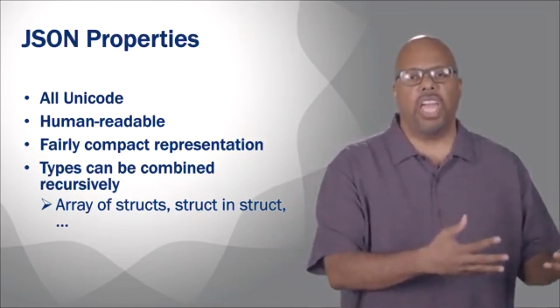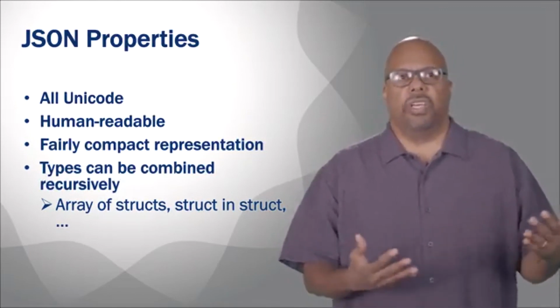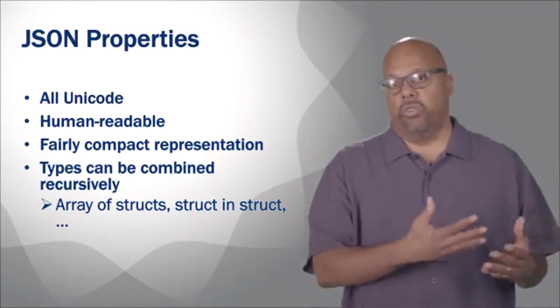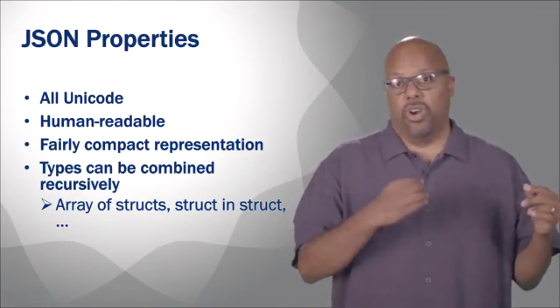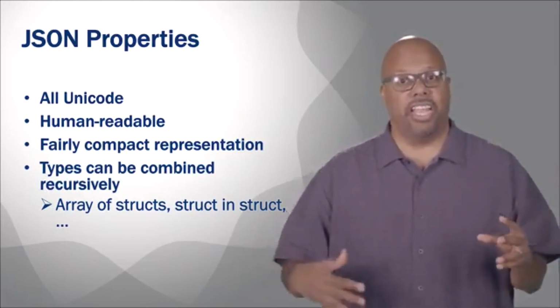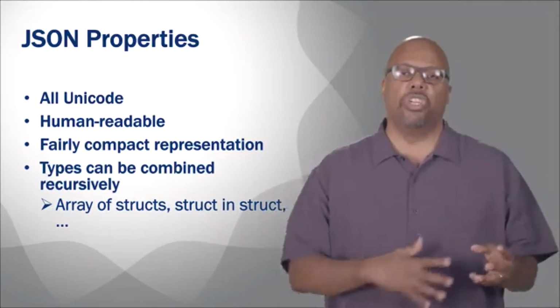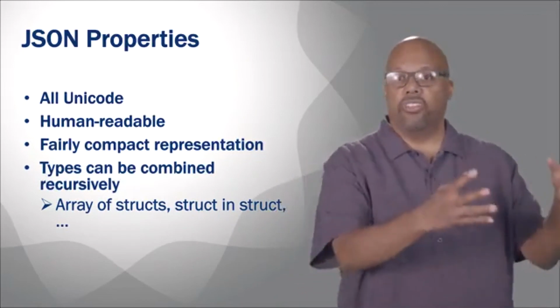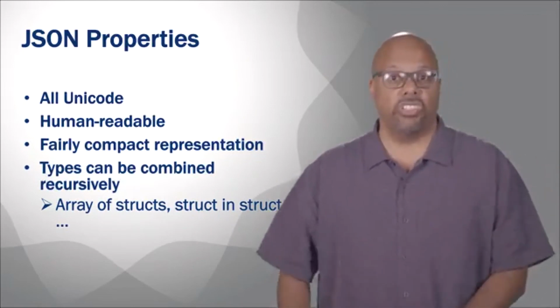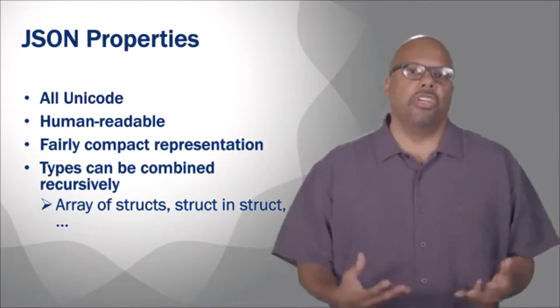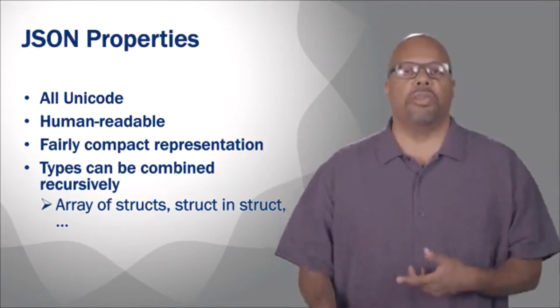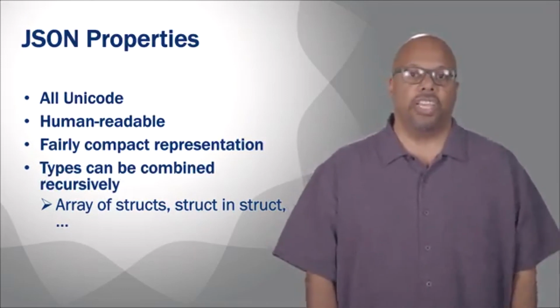You can have an array of integers, or an array of structures, or a structure with structures inside, or a structure with arrays inside, and integers and strings. So you can combine them all hierarchically, right? A structure with structures inside which have other structures inside, and so on. So you can get arbitrarily complex Golang objects and convert them into JSON. So that's a pretty good advantage.